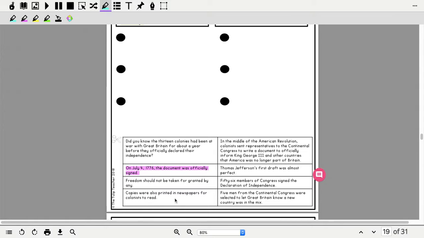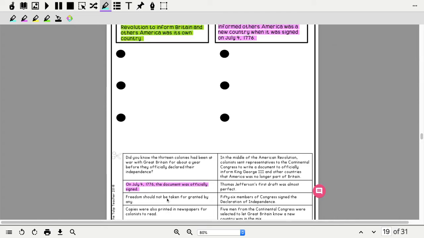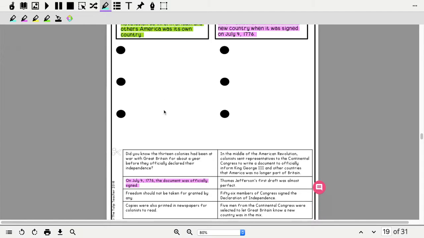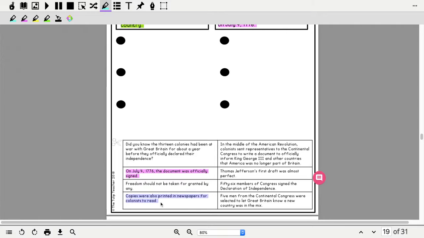The next one says copies were also printed in newspapers for colonists to read. So this one talks about informing Britain and others that America was its own country. So we're going to put this one over there.